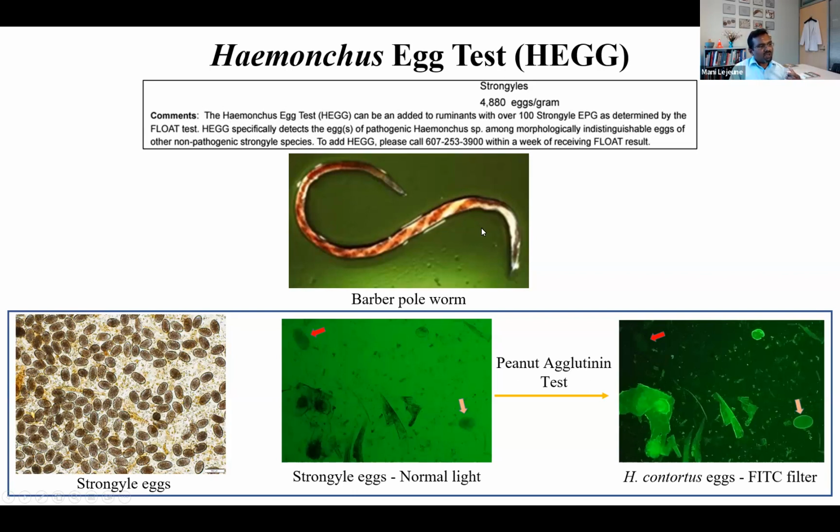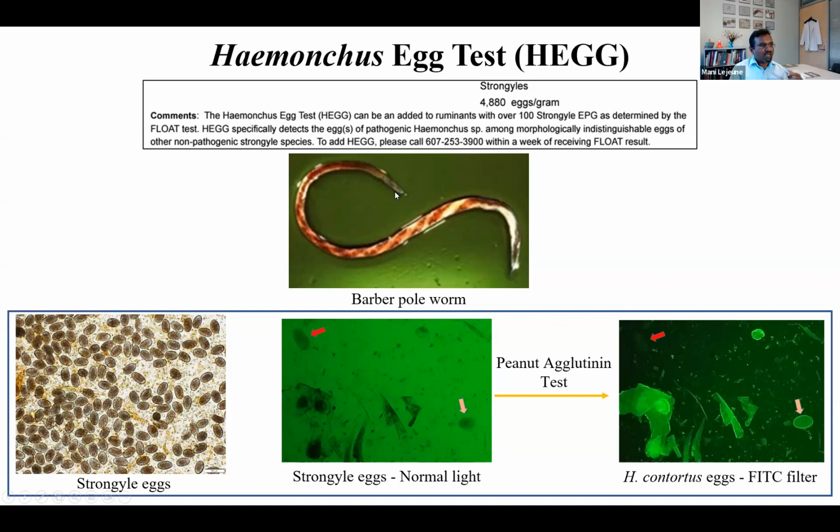And here is the worm, Haemonchus contortus, which is a barber pole worm. Many of you know why it is called a barber pole worm, but I'll explain. These are prolific bloodsuckers. You see the red part here, which is the intestine. After it sucks the blood, the intestine appears red in color, and it winds through the ovary, which is white, and that gives the characteristic barber pole appearance.